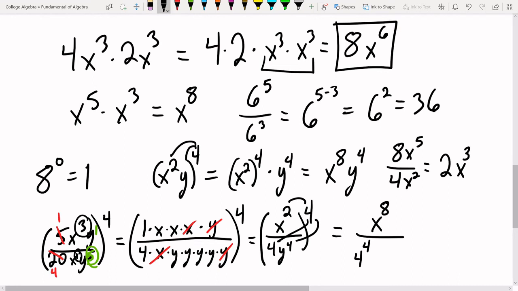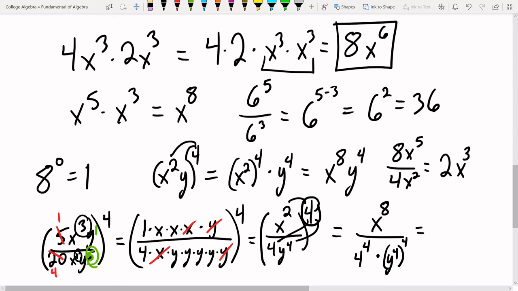This 4 on the outside is a power. And so it's going to be put in the powers of everything on the inside, meaning it's 4 to the 4th power, not 4 times 4. A lot of students make that mistake. So just be aware that it's 4 to the 4th power. You're not multiplying those numbers. And of course, y to the 4th power.